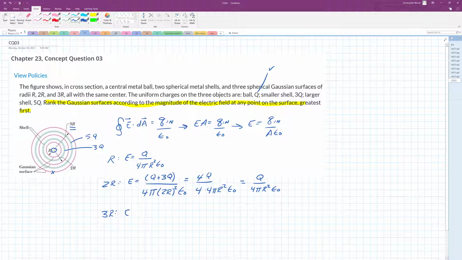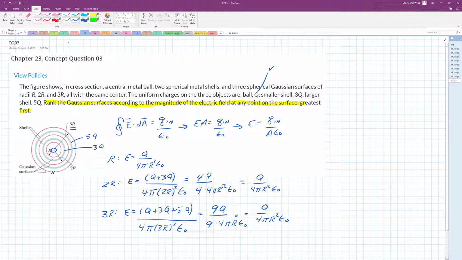I have the electric field equals Q plus 3Q plus 5Q all over 4 pi r squared, and in this case r is 3r quantity squared, epsilon naught, which becomes Q plus 3Q plus 5Q is 9Q all over, I'll write it like this again, 9 times 4 pi r squared epsilon naught, which equals, once again, Q over 4 pi r squared epsilon naught.